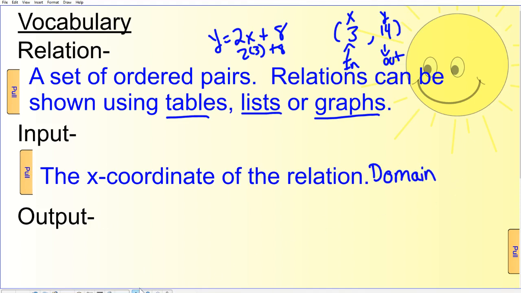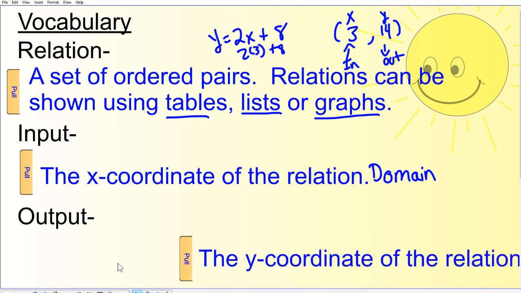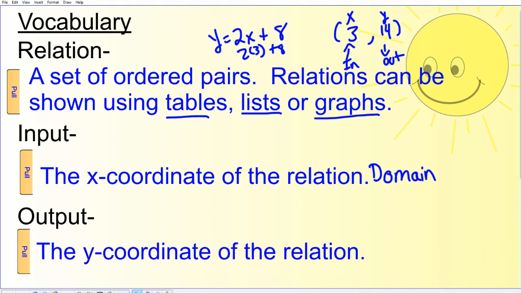The domain is the set of all the numbers that you can plug into a function. And then the output variable is just the opposite. It's the y-coordinate of the relation, and we call that the range. And the range is just the set of all of the possible y values of a function.